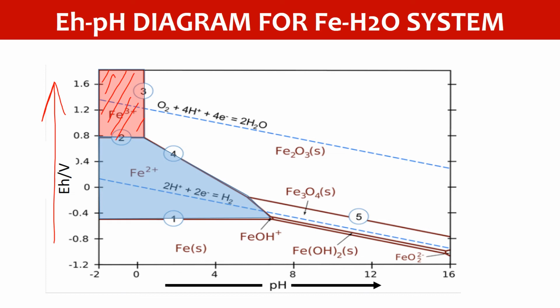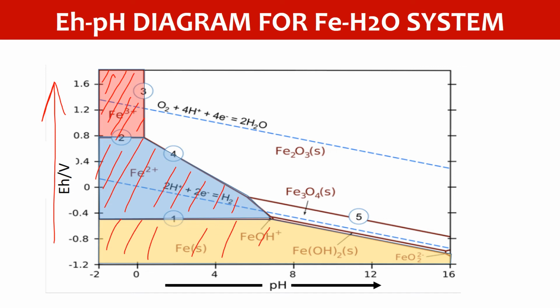Then this is your region of stability for Fe2+. Okay. So as you go down, the oxidation state also reduces. And then lastly, this is your Fe0. Okay. It's the region of stability for your Fe0 here. So Fe0, Fe2+, and Fe3+, we are increasing the oxidation state of our species.